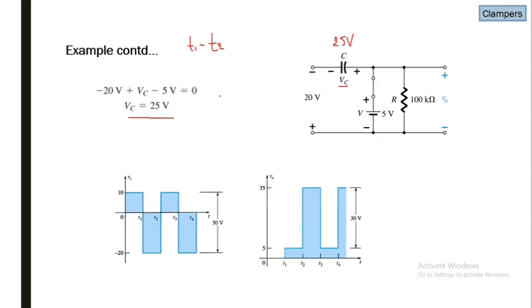So output should be 5 volt. V naught is 5 volt. You can verify this by applying KVL against this loop. So for the time period T1 to T2, we have output of 5 volt and the capacitor is charged up to 25 volt.